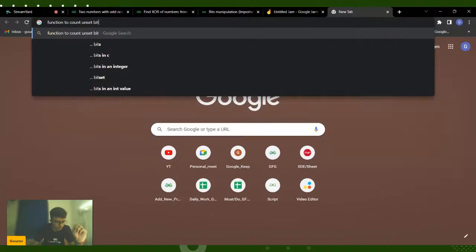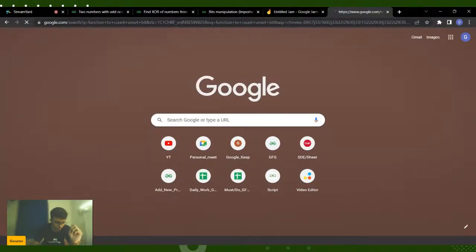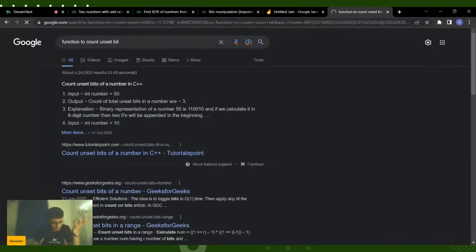Naika is asking how we can find how many necessary bits are in any number. How many necessary bits? I don't understand. What do you mean by how many necessary bits?